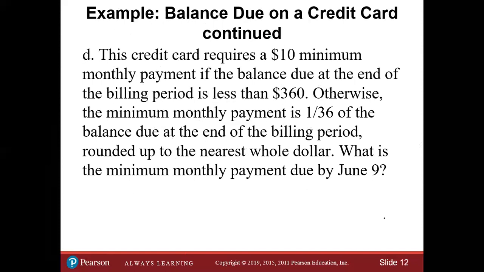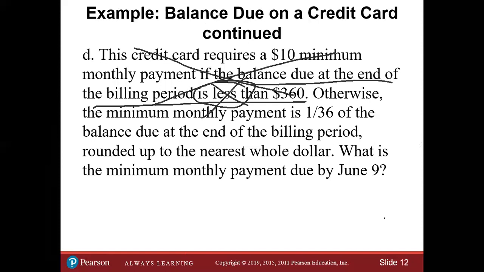So this credit card requires a $10 minimum monthly payment if the balance due at the end of the billing period is less than $360. Since the balance due at the end of the billing period is not less than $360 for this problem, we cannot just pay the $10 minimum.